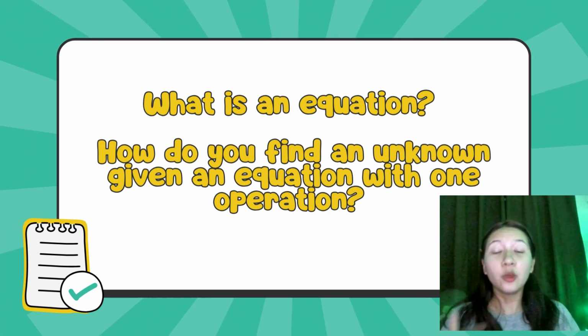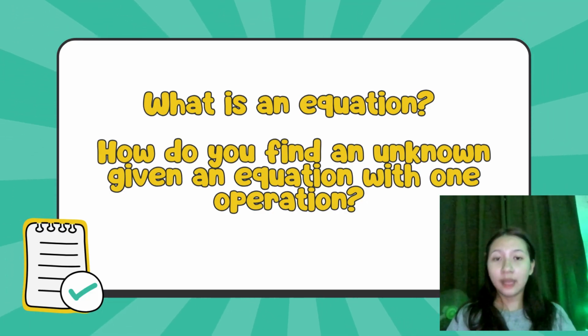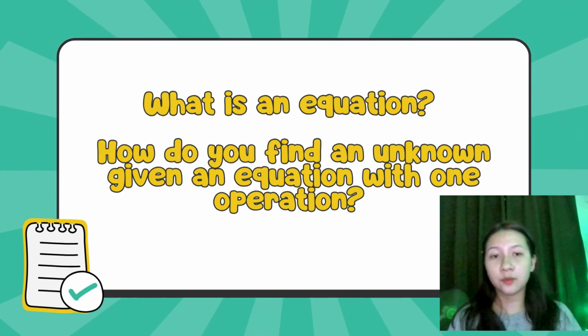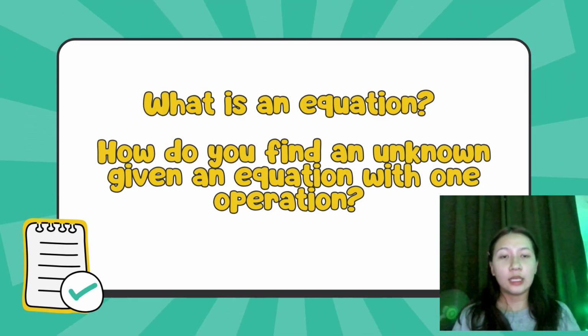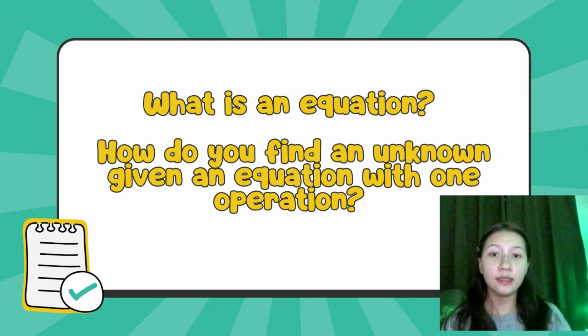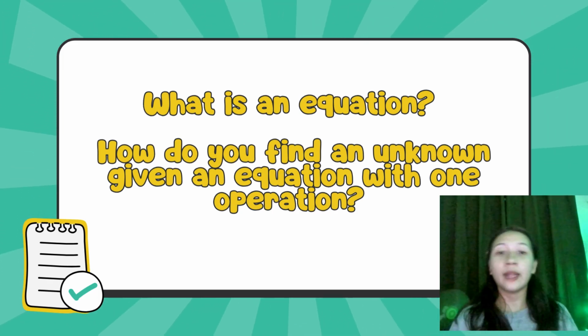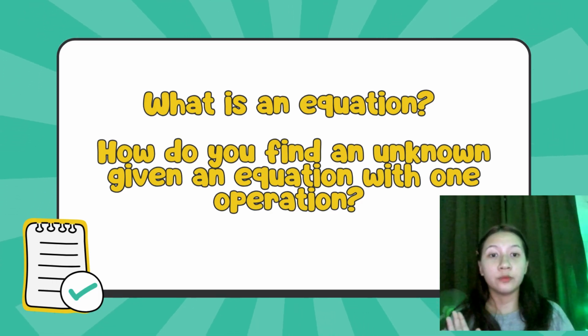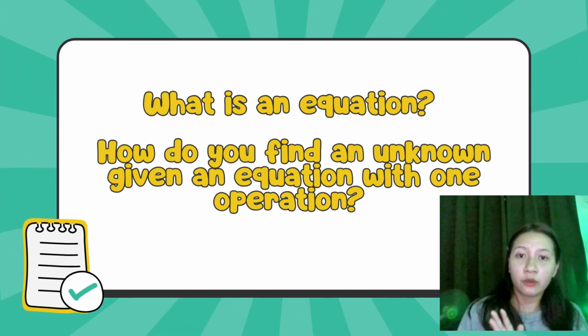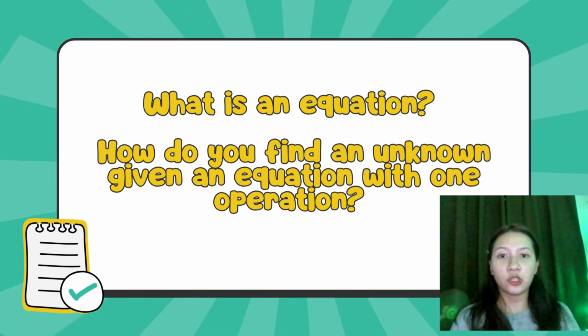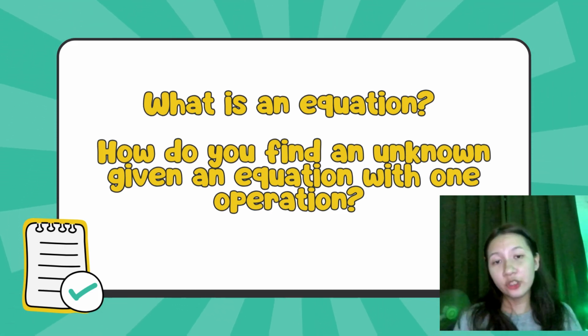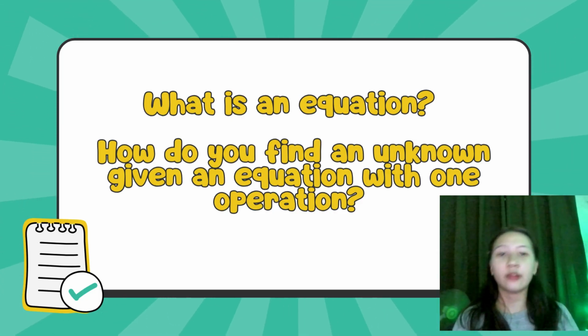An equation is a mathematical statement asserting that two expressions are equal, and it contains an equal sign with an expression on each side. The expressions can involve numbers or variables and operations like addition, subtraction, multiplication, and division.